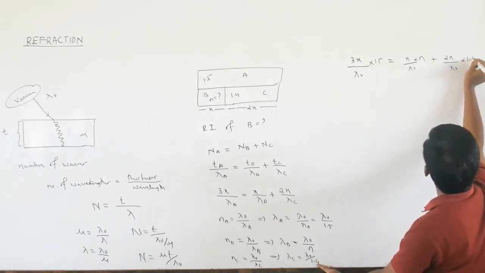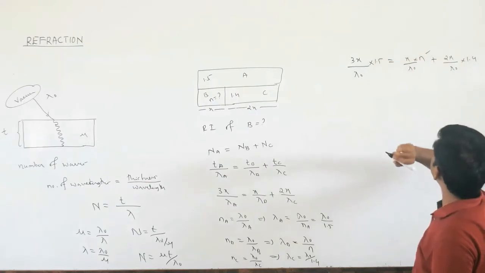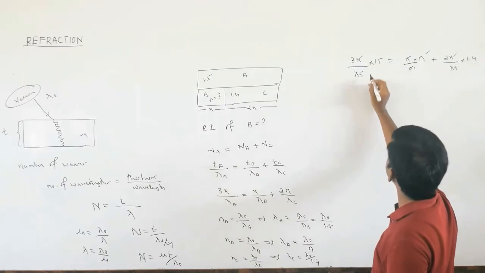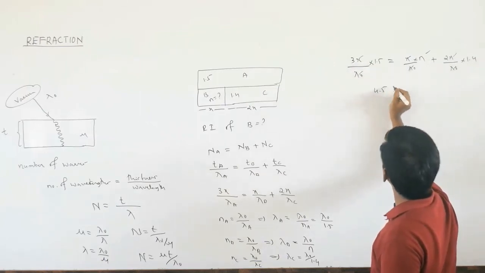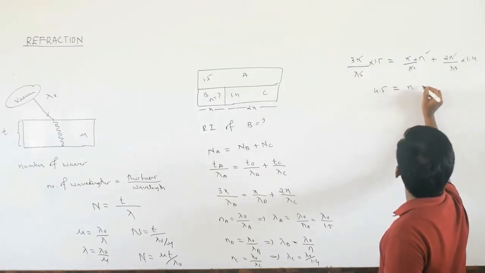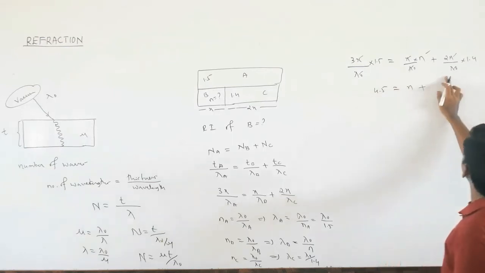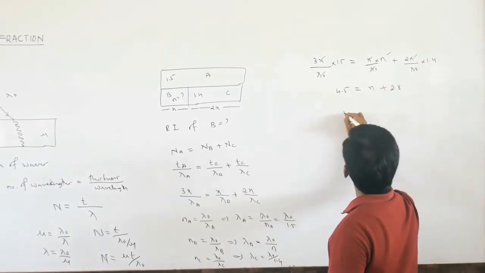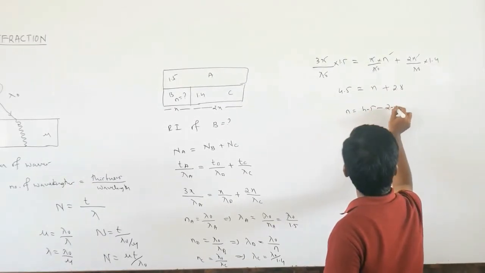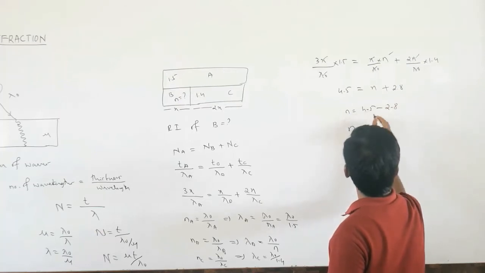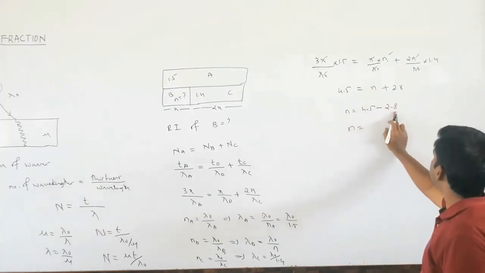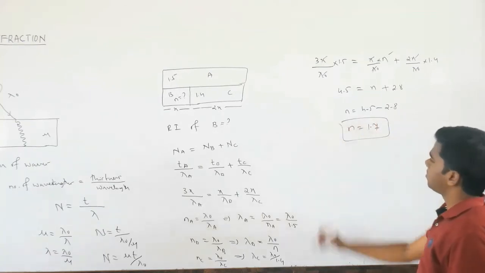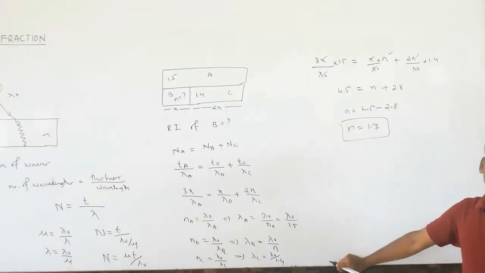So we can get n here: x will get cancelled, lambda naught will get cancelled. So this is 4.5 equals n plus, what will we get here? This is 2.8. So n equals 4.5 minus 2.8. So n equals, you will get 1.7. Okay. So this is how we can make use of the number of waves.